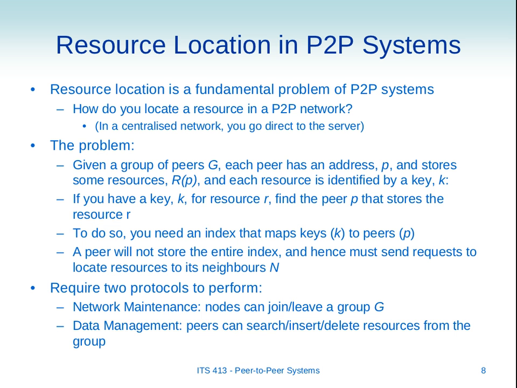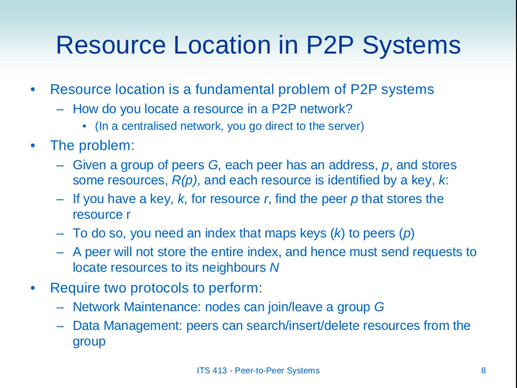So now, what's our problem here? We have a peer, P4, that's looking for a resource. Assuming that peer has a key that they're looking for, the challenge is to find the resource with key K2.